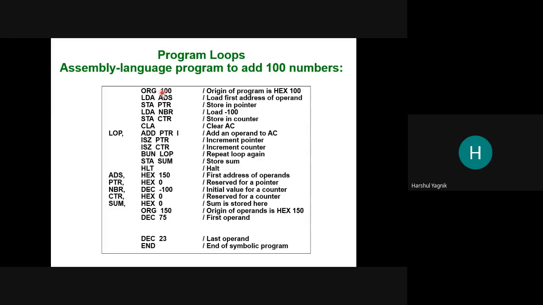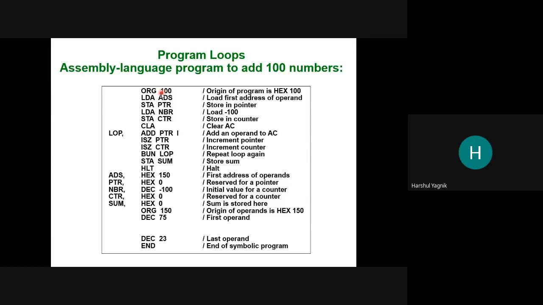The first instruction says ORG 100. What does it mean? It means that the origin of the program is at hexadecimal number 100, meaning that memory location. 100 is not in decimal, it is in hexadecimal.